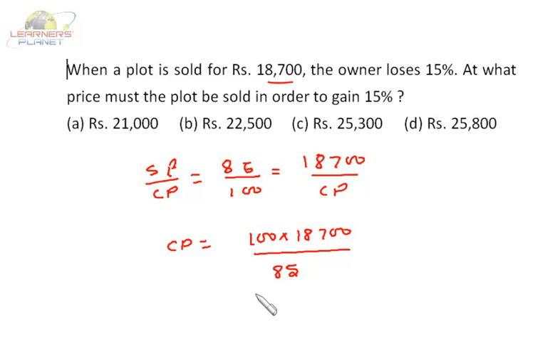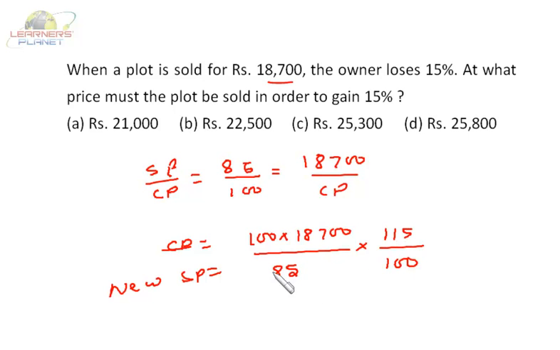That means on this cost price we have to make a profit of 15%. That means the new selling price must be 15% more than that, or we can say it should be 115% of this data.